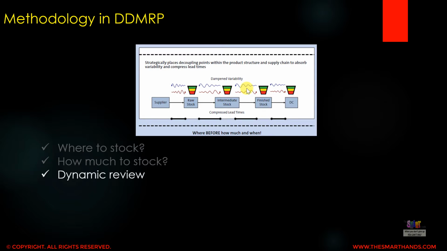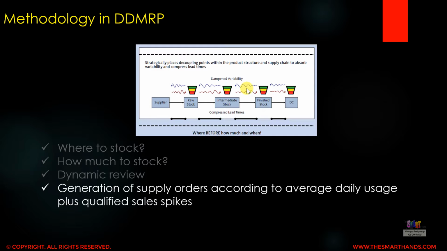We have different apps available in S4 HANA that tell us where to stock and how much to stock, and we can also see the dynamic review. Then there is the generation of supply orders according to the average daily usage plus qualified sales spike. So on a daily basis, the system will check the average daily usage and then consider the demand spike or the sales spike.